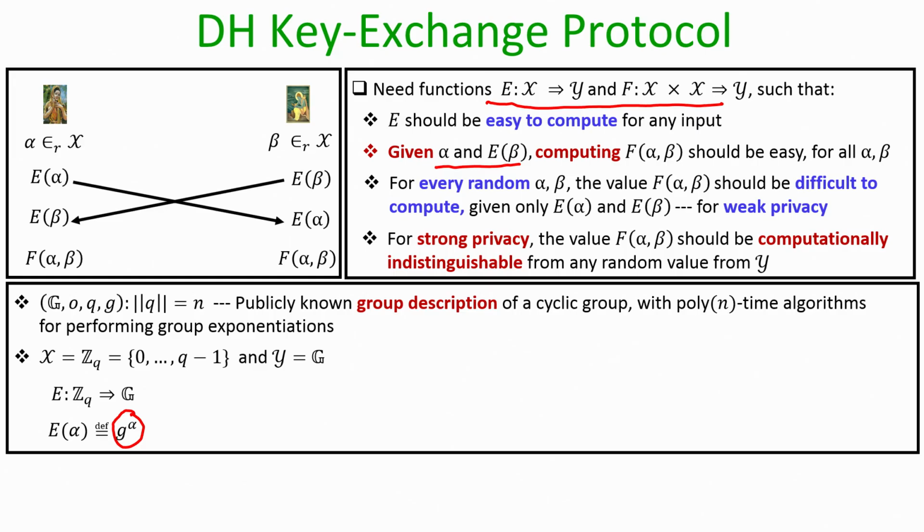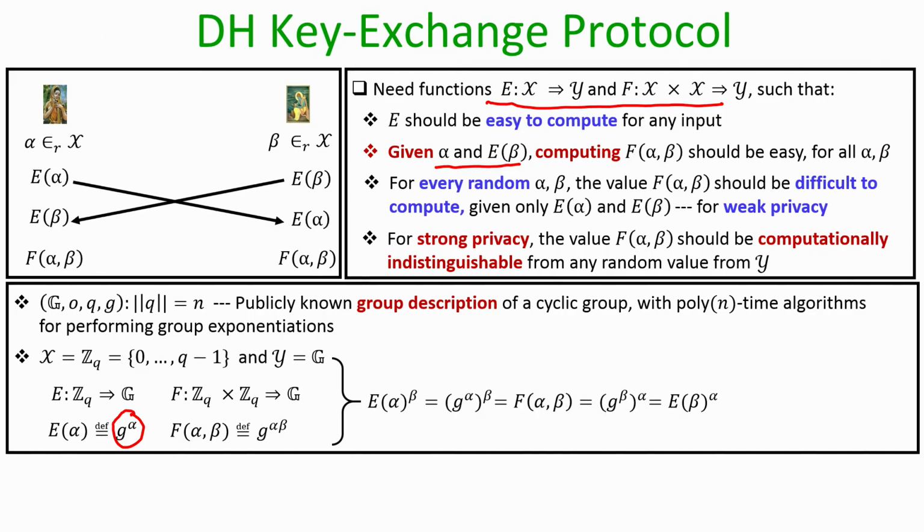So, that is the instantiation of my E function, and I define my function f to be a 2 input function taking a pair of inputs from the set Z q and giving me an output, a group element, where f of alpha comma beta is defined to be g to the power alpha times beta.